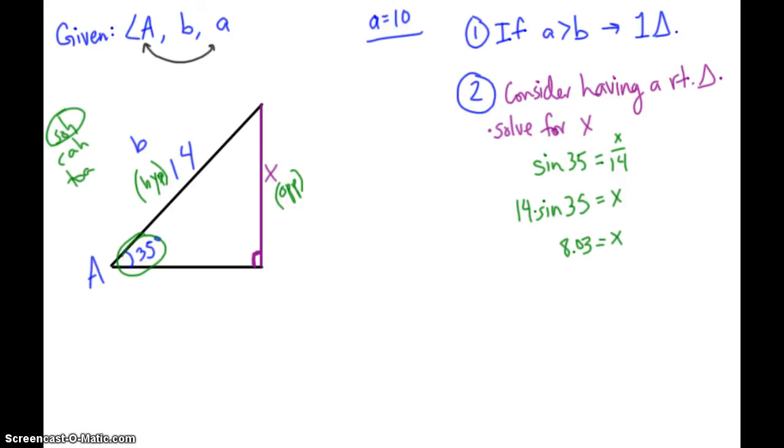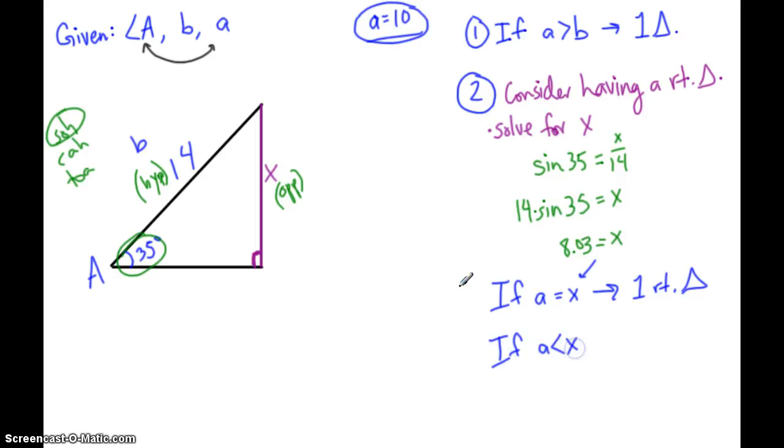So that brings us to our next conclusion that we can draw. If A equals X, this X right here, so if the A that I'm given equals this value of X, then I have one right triangle. Okay, I have this picture right here. If A is shorter than X, if A is too short to even reach the bottom, if it stops part way, if it's only, for example, 6, then if A is less than X, I have 0 triangles.